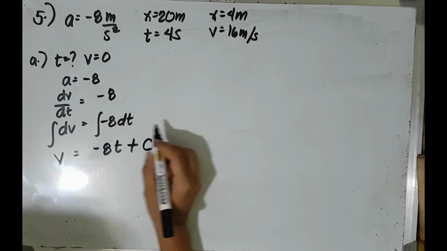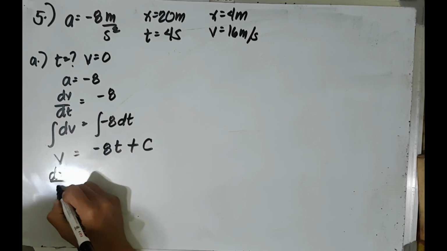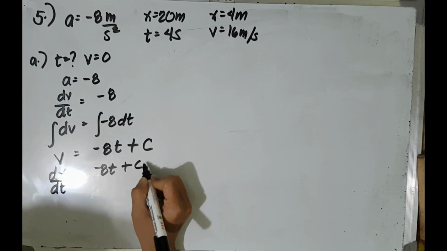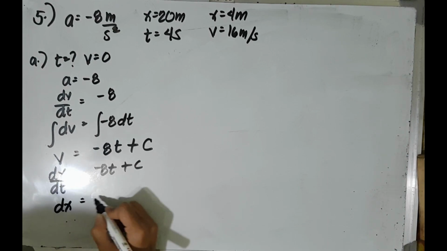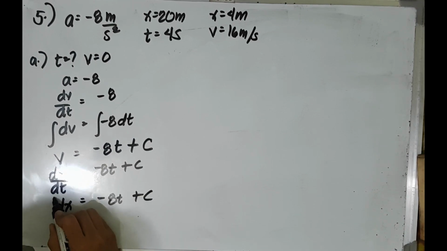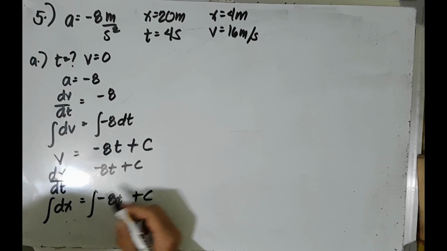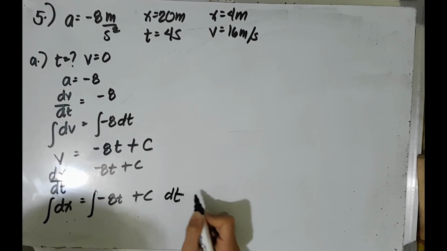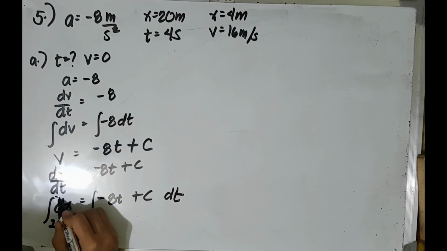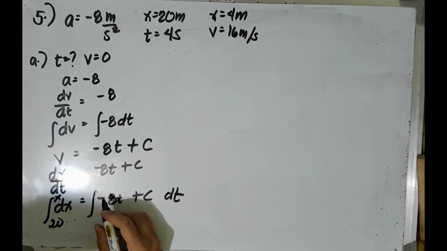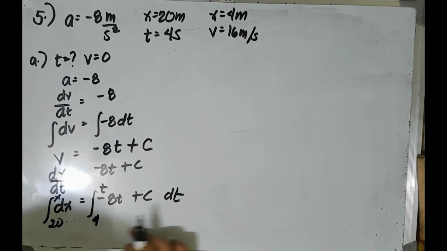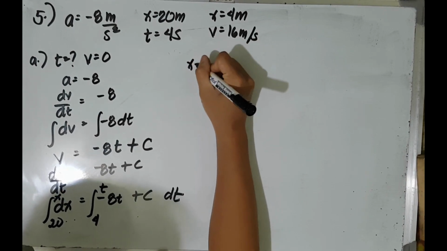And then to be able to get the x equation or the position equation, you integrate natin yung velocity with respect to time. So ayan. At 20 meters as the lower limit, and then x as the upper limit, and then the time is 4 seconds, the upper limit is t.